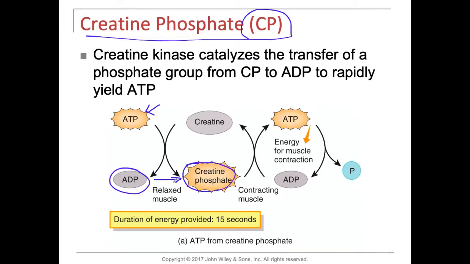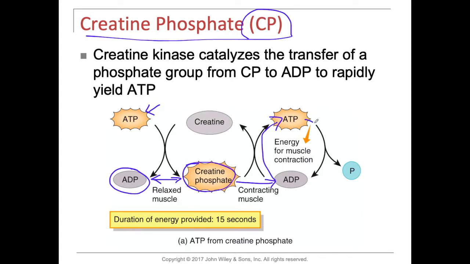Because if we join these two together and bring these two back together, you get two phosphates plus a third, you get ATP again. Right? So here's creatine phosphate, and that's what we're doing right here. Creatine phosphate is joining ADP, and what do we get? ATP.